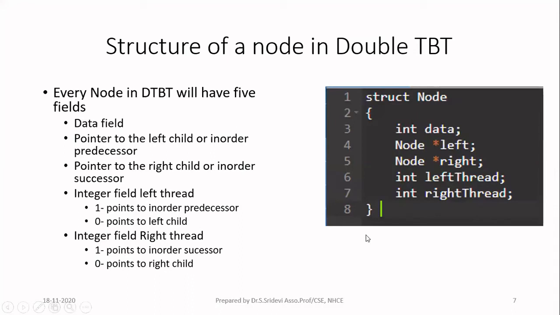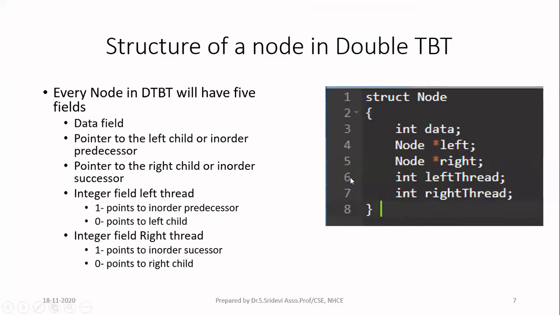Now, if I want to declare a single threaded binary tree, how many fields should be there in the structure? In a single threaded binary tree, you will have the data field, then node left, node right. The first three fields will be there. Now you are storing the thread information only in one pointer, that is, in the right pointer only, not in the left pointer.